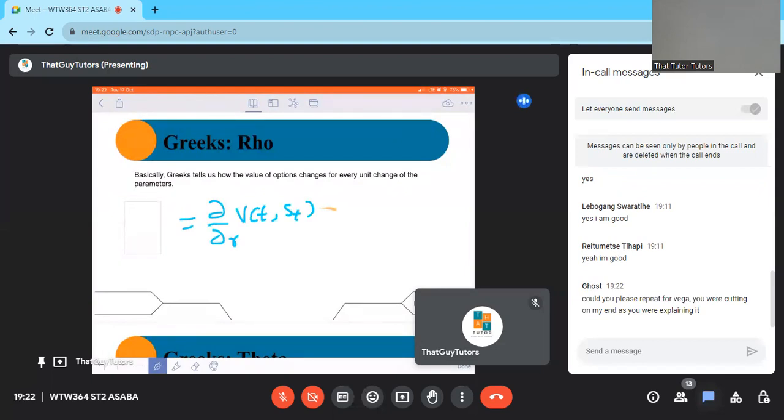So basically, the higher the value of the Greek, the more sensitive that claim is to the specific parameter.